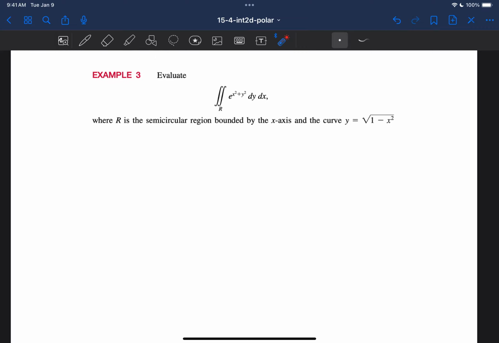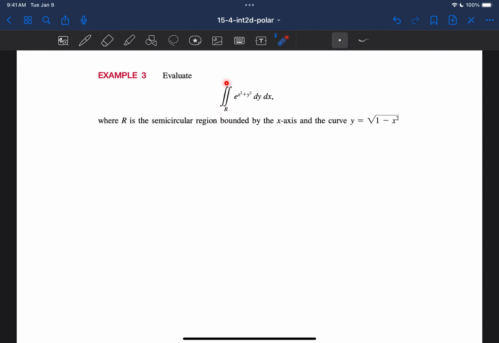For another example, this is evaluating double integrals. It's not area, so the integral is given by this, and x squared plus y squared reminds us that the polar coordinate system may be easier, because we have x equals r cosine theta, y equals r sine theta. Then x squared plus y squared is not 1, it's r squared.